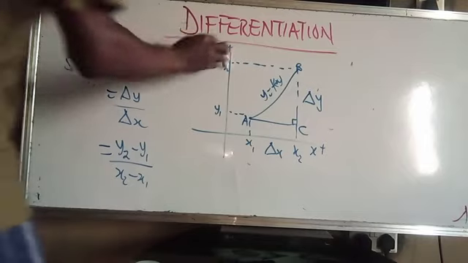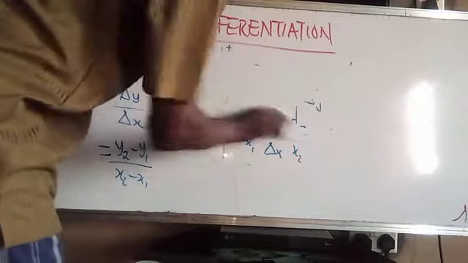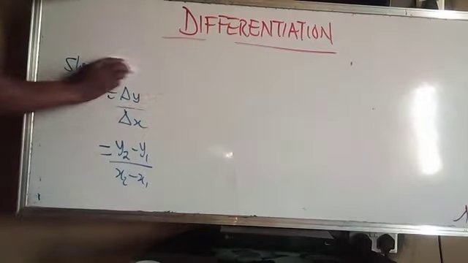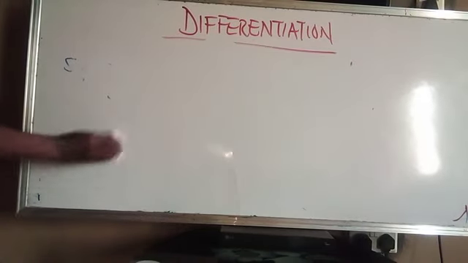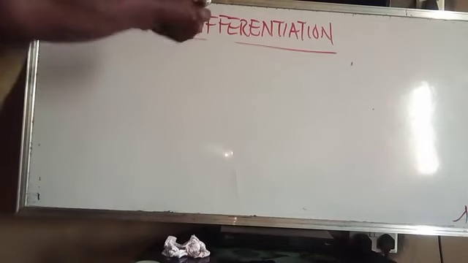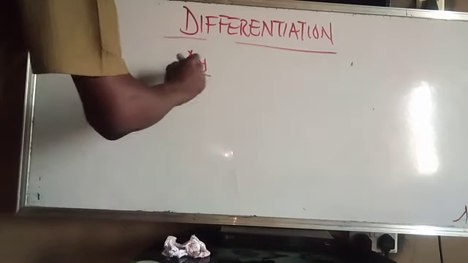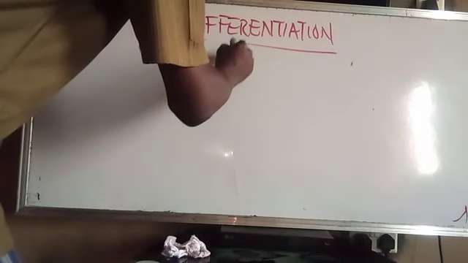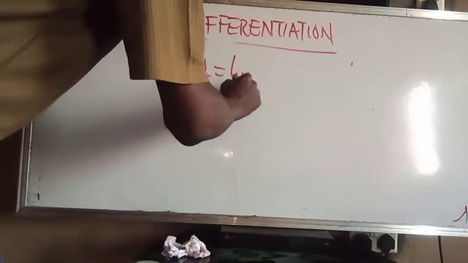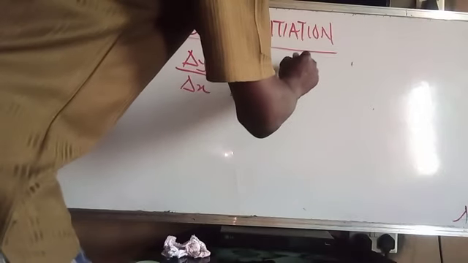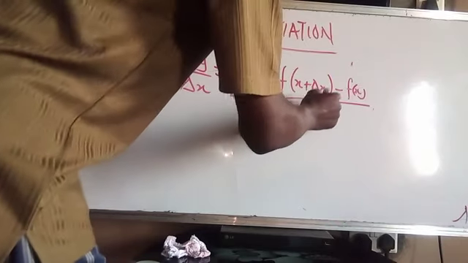So, by and large, for that function to be differentiable, the limits of the function must exist. That is to say that the change in y all over the change in x must be the limit as delta x tends to 0 of the function f of x plus change in x minus f of x all over change in x.